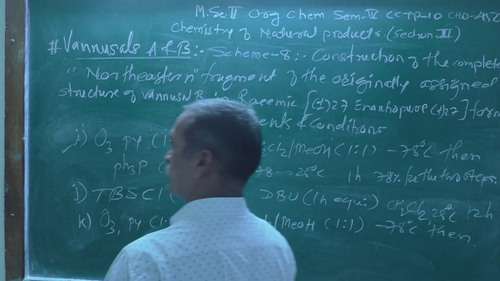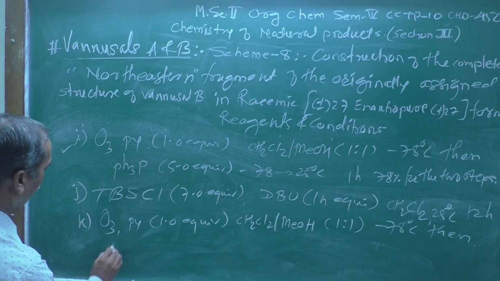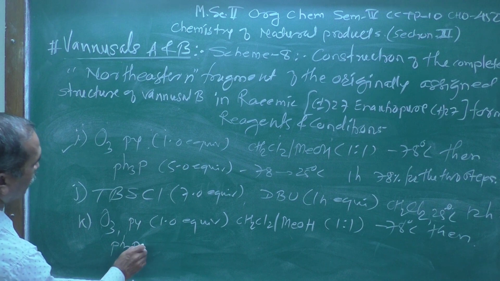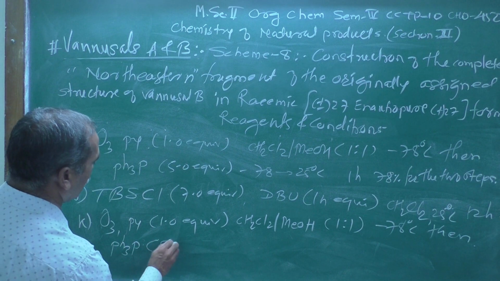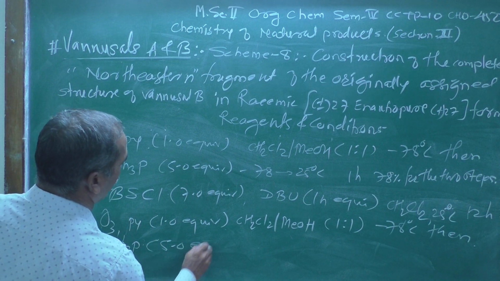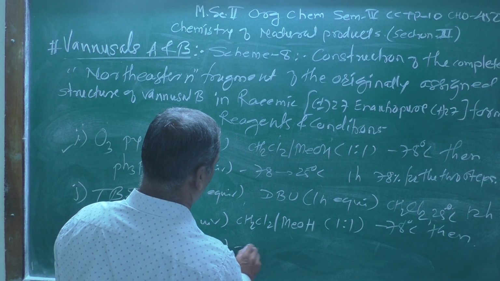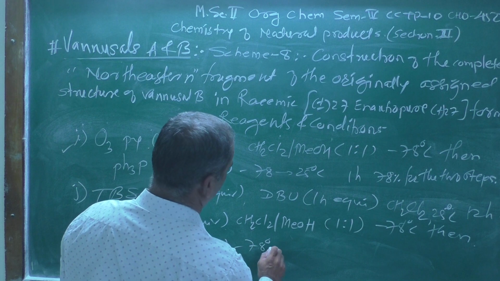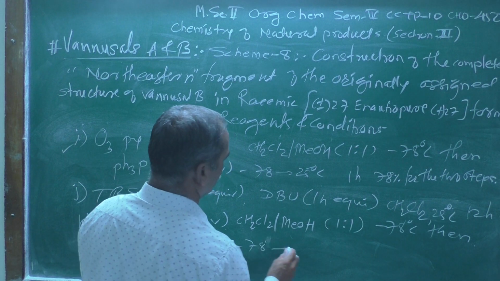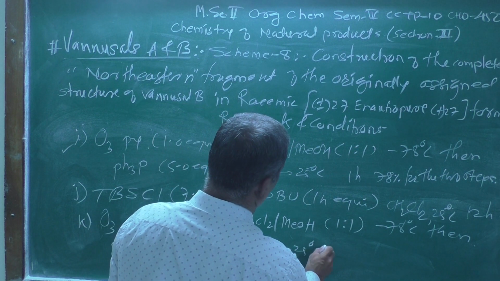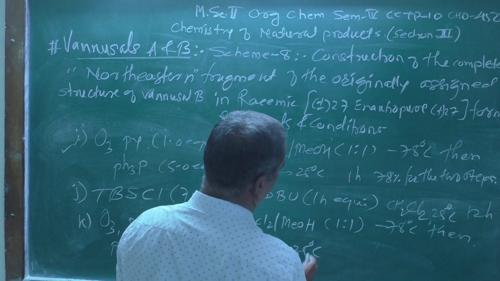Then slowly added Ph3P, triphenylphosphine, about 5.0 equivalent, and the temperature now changes from minus 78 degrees centigrade to 25, means to attain room temperature.